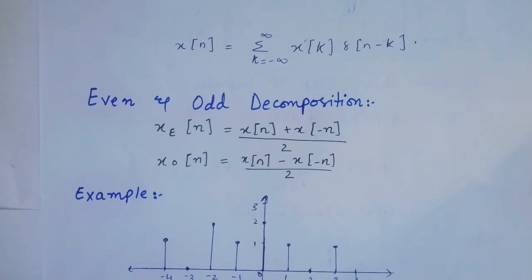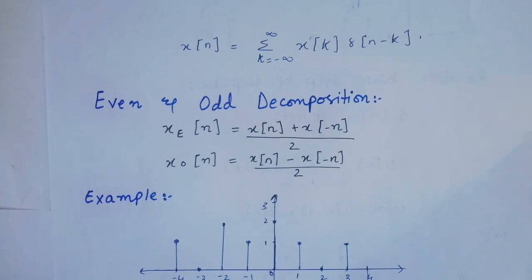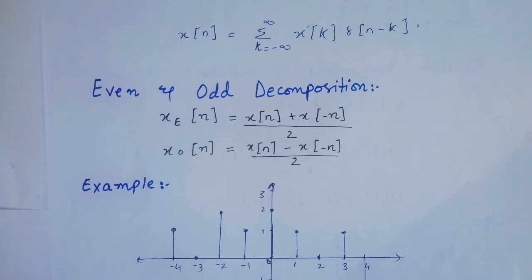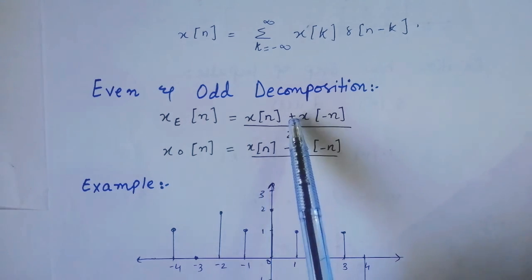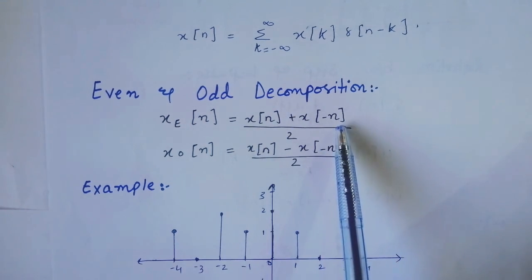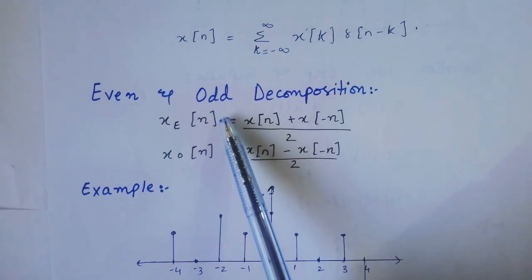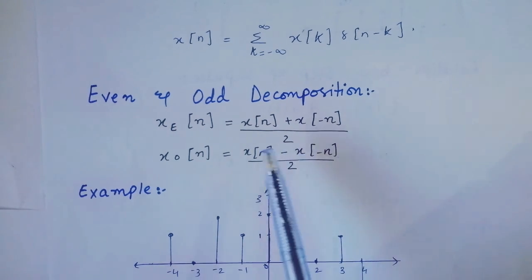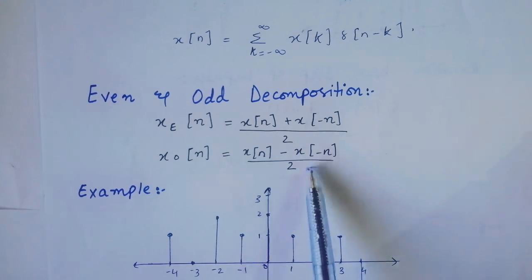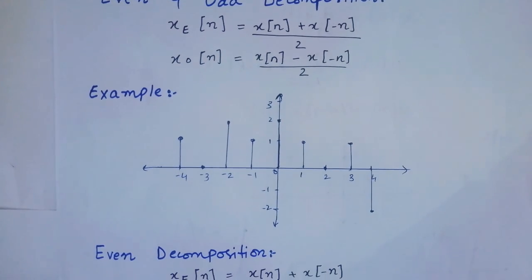Now let's discuss even and odd decomposition. We discussed impulse decomposition right now, but now we'll discuss even and odd decomposition. It is very simple. Formulas are given. When we add the signal and its flipped signal and divide by 2, it is the even decomposition. And when we subtract the flipped signal from the signal and divide by 2, it is the odd decomposition.